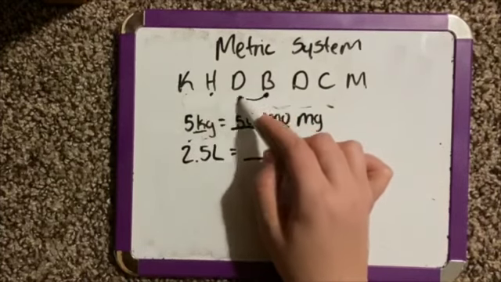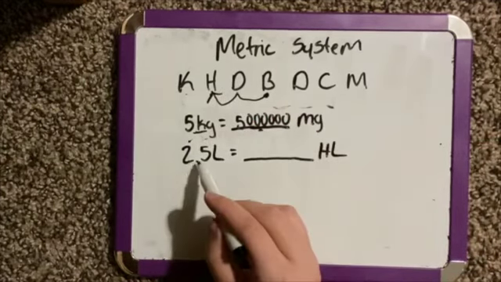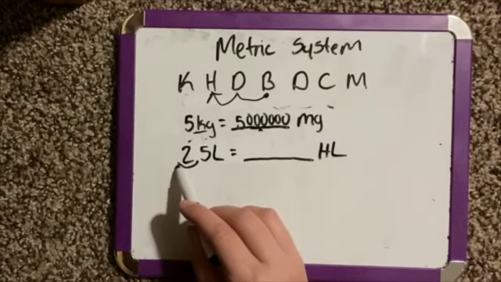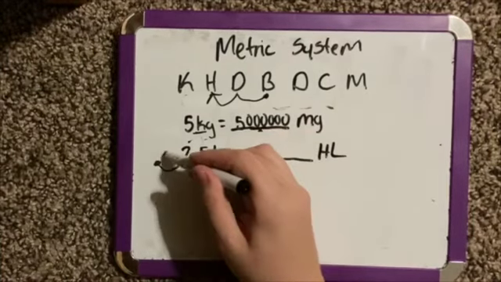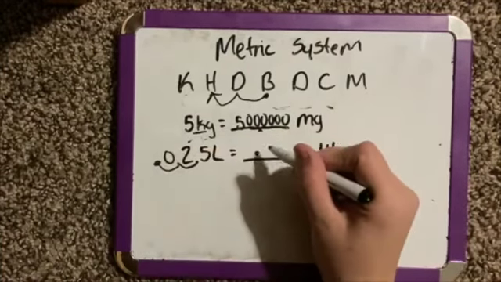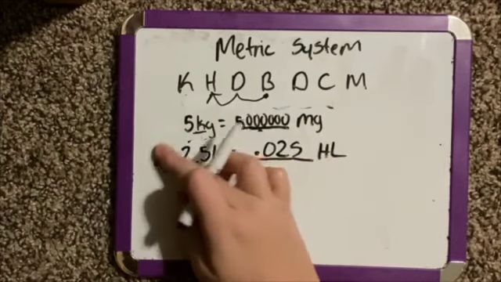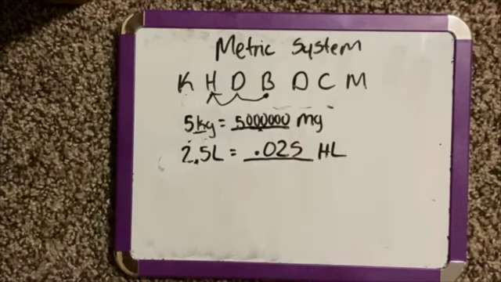So we need to move it 1, 2 times, and it's this direction. So here we have 2.5. You put your pencil or your marker on the decimal. You need to move it 1, 2 times, the same direction we did up top, and a 0 goes in that blank. So our number will be 0.025. So 2.5 liters is 0.025 hectoliters.